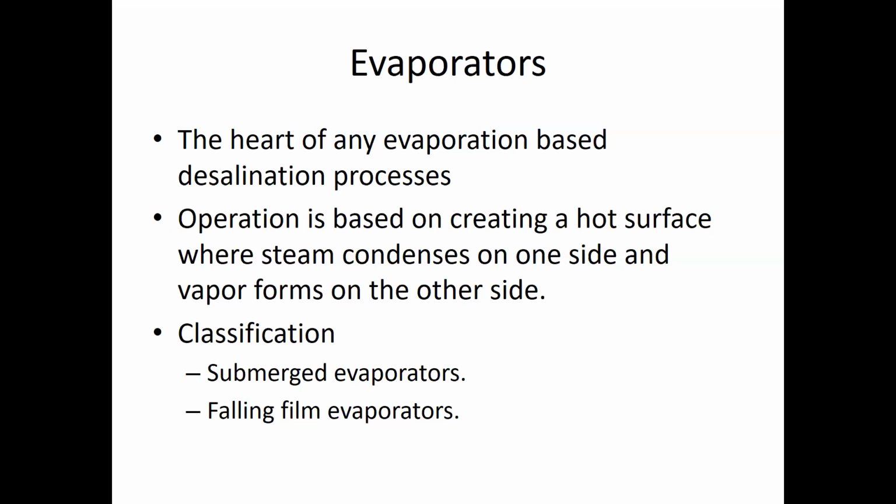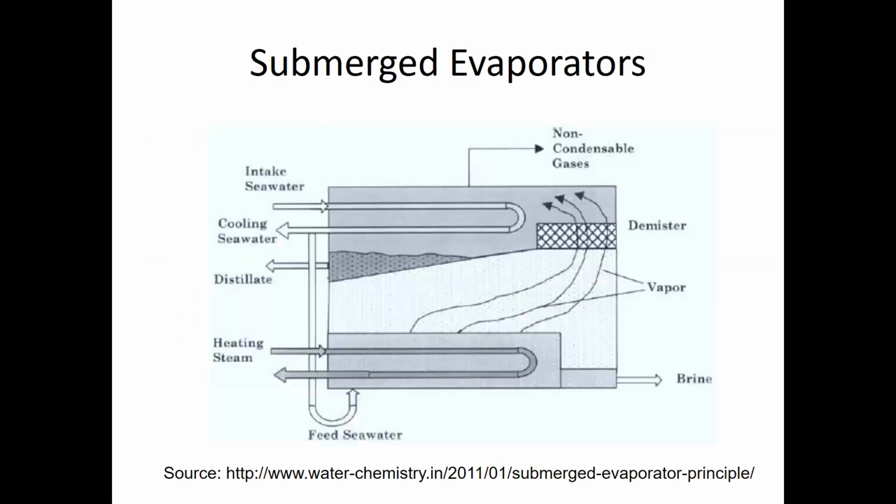A submerged evaporator, which used to be common long ago, is simple: you have a pool of salty water at the bottom, a big container having salty water. Then you immerse a heat exchanger inside the unit. The heat exchanger is surrounded by salty water, and you run steam inside. This was performing poorly.